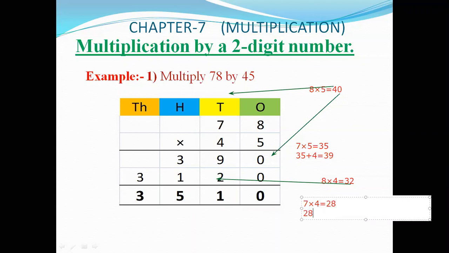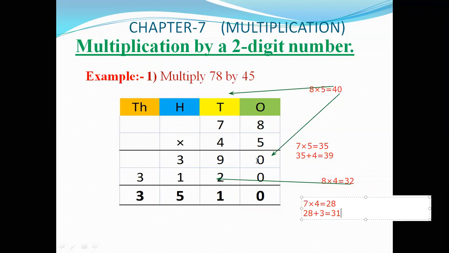Now we add 28 plus 3, the carry over digit, and we make 31. Now write 31, 1 under the hundreds column and 3 under the thousands column.